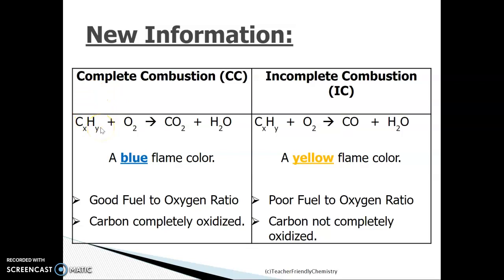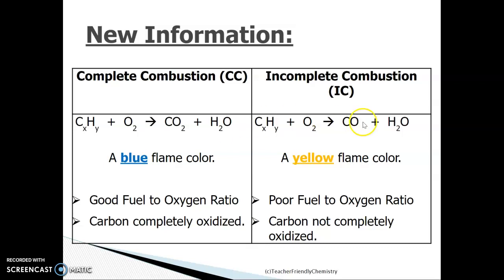But what won't change is that there will always be oxygen on the left-hand side, so always O2. And we will also always have CO2, carbon dioxide, and water as a product. So oxygen and fuel always goes in. Carbon dioxide and water always comes out. So that's how you can identify a combustion reaction.